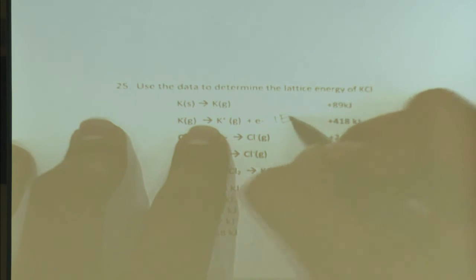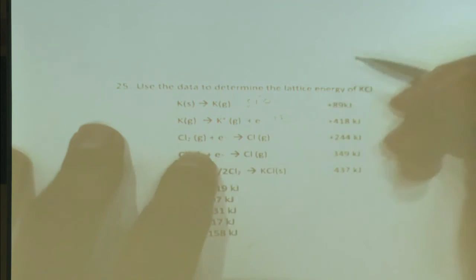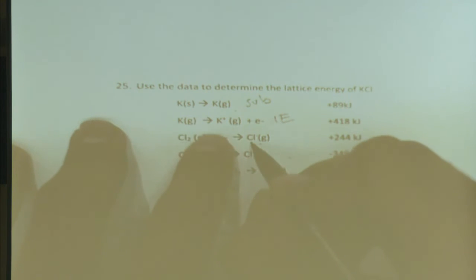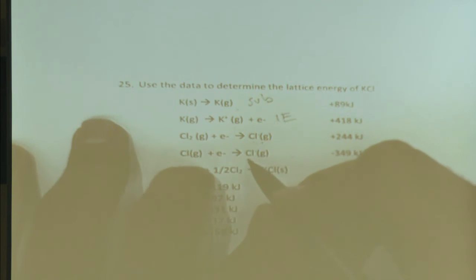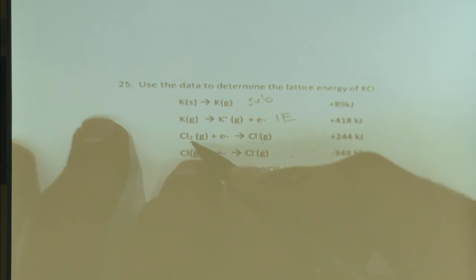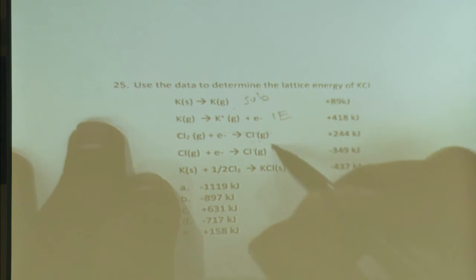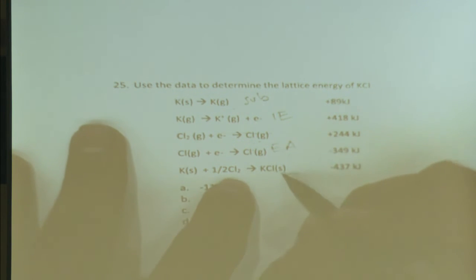So here, I'll mark for you. This is sublimation. What is this? Is this a thing? Or is this a thing? These are the same step, right? These are different. Usually we dissociate these chlorines before we put them in. So I'm pretty sure this is the wrong step, trying to throw you guys off. This would be our electron affinity step. And this would be our delta H formation step.